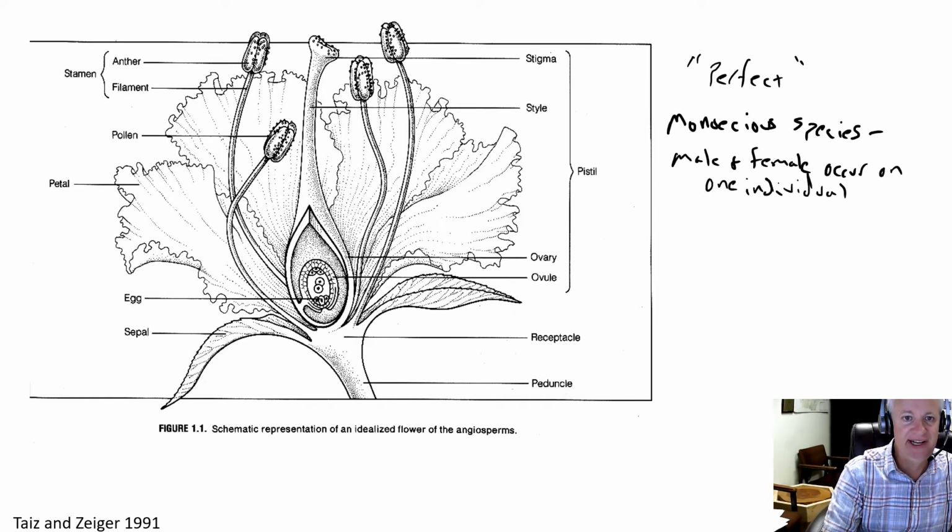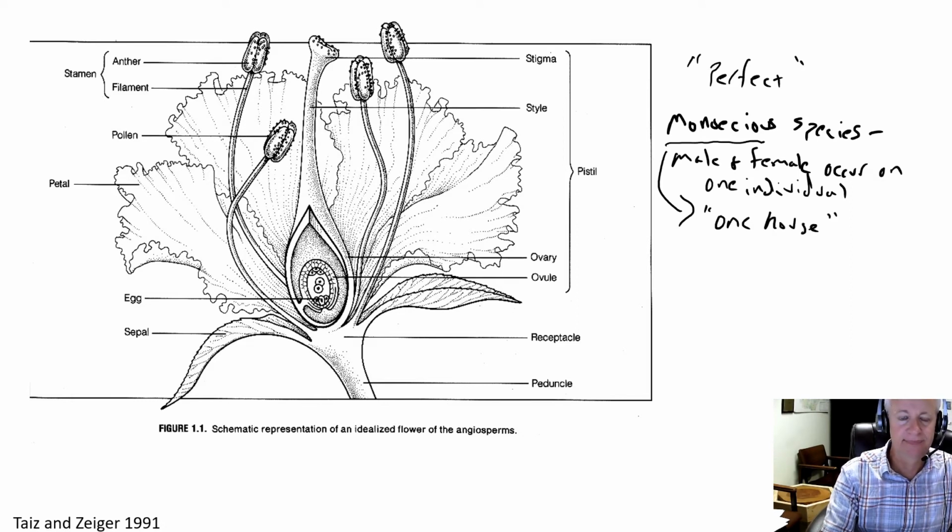So in monoecious species, individuals produce both male and female reproductive parts. I can remember that because monoecious is Greek for one house. So in monoecious species, there is one house. Male and female reproductive structures occur in one house.